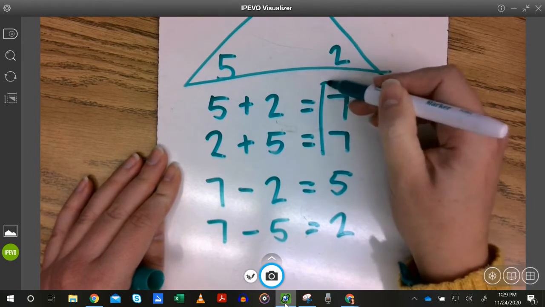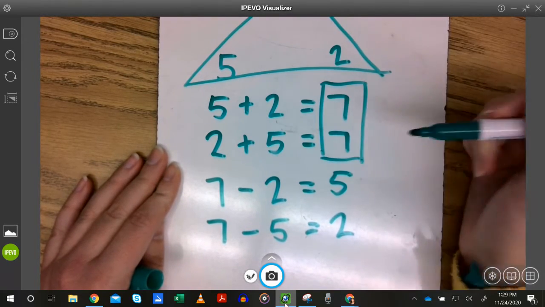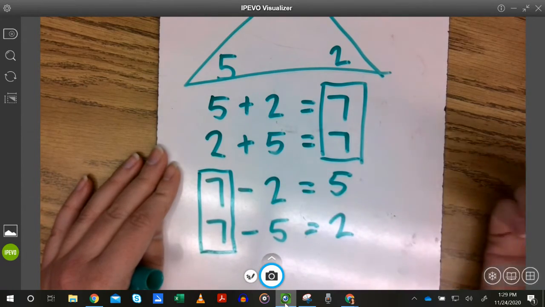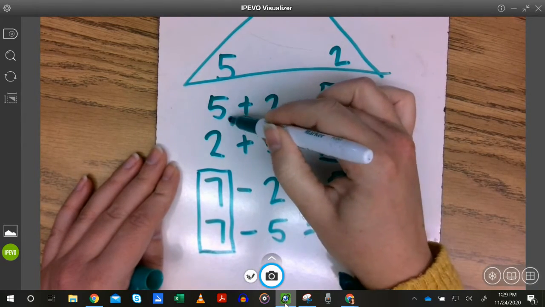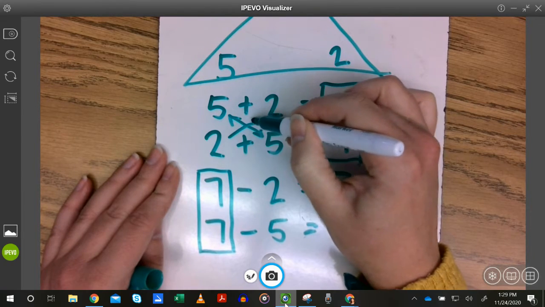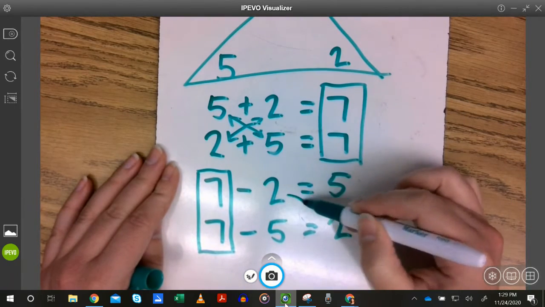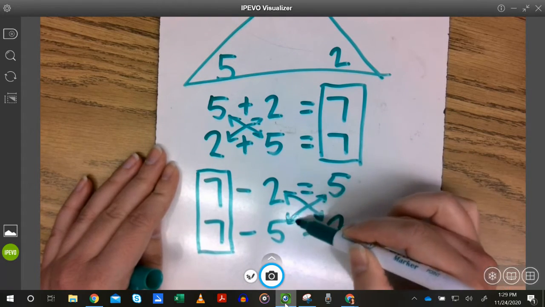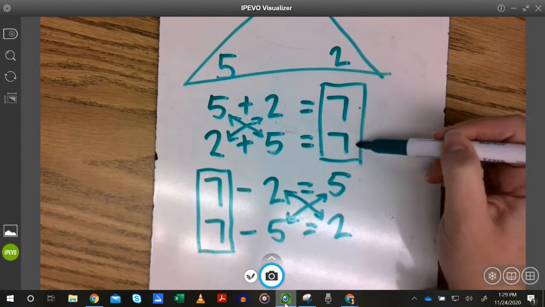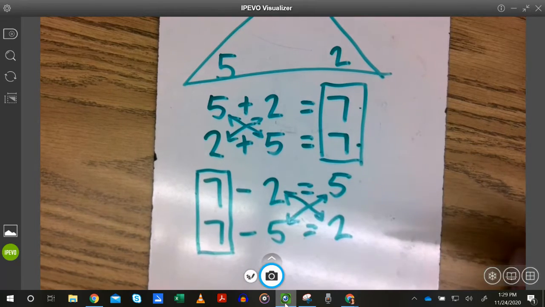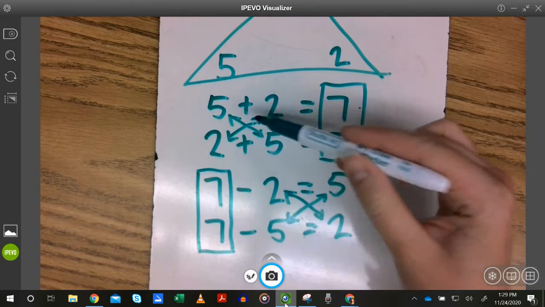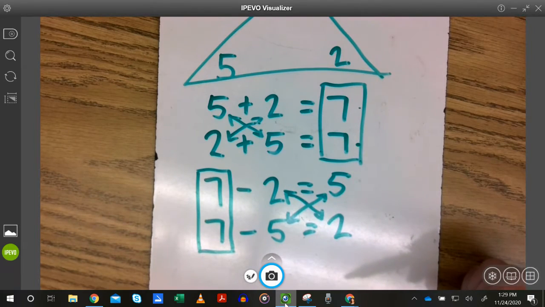Notice that when we did this, the whole stays the same, whether we're talking addition or subtraction, and it's the parts that are switching places. So when we are talking about related facts, we're talking about facts with the same whole, whether it's addition or subtraction, and the same parts, but those parts can swap around and change places.